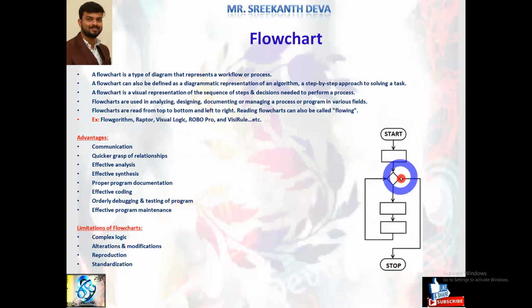Don't worry about these symbols, we'll discuss them in the next slides. Several flowchart symbols are there: terminal symbols, input output symbols, processing symbols, decision symbols. The terminal symbol is used to indicate the point at which a flowchart begins and ends, and the word start or stop is inserted to identify the point. For input output symbols, these symbols identify the logical positioning of input and output operations.